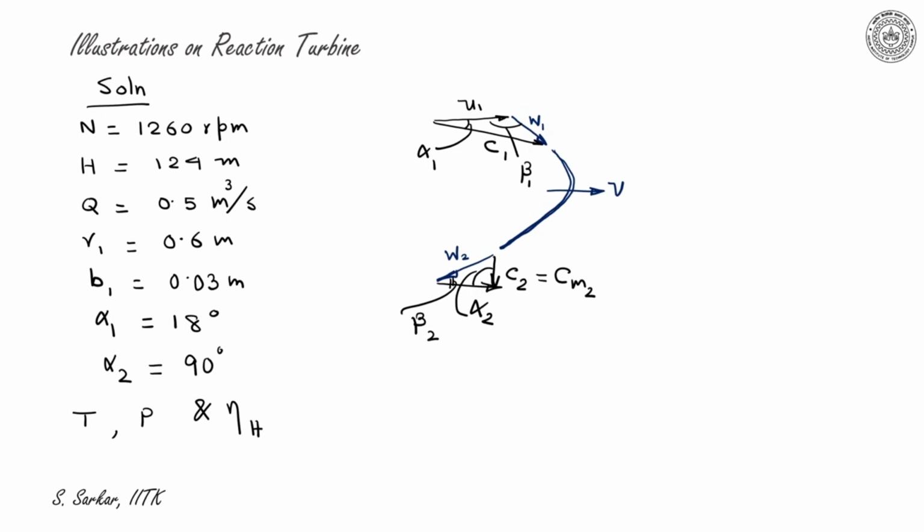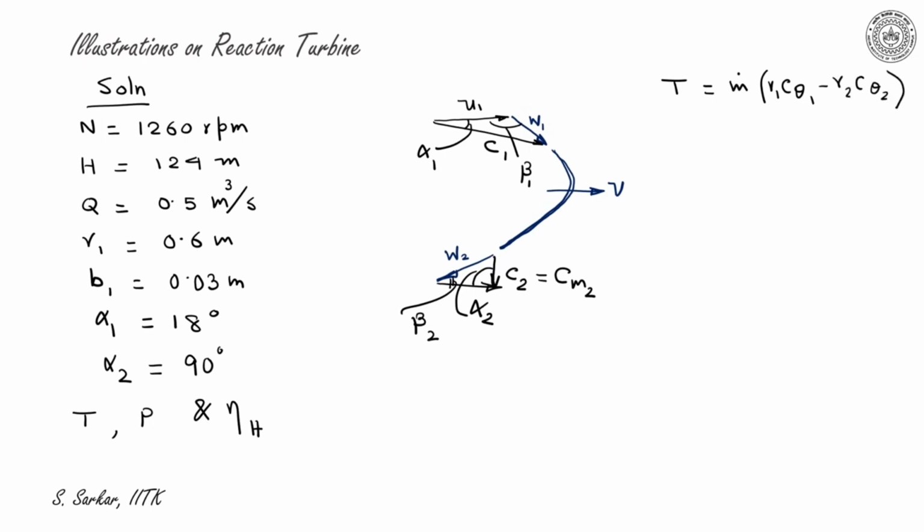Thus I can write torque developed, torque on the impeller, is equal to m dot times (r1 c theta 1 minus r2 c theta 2).